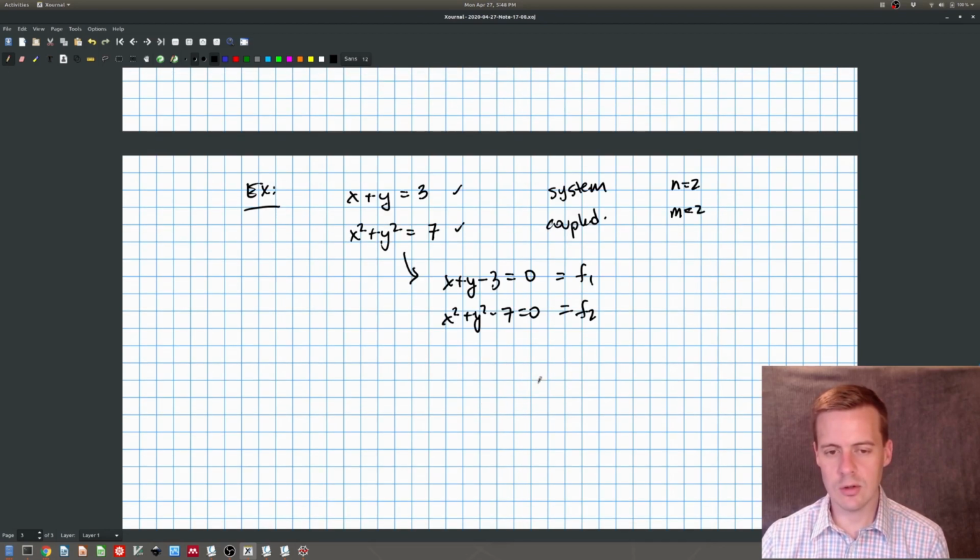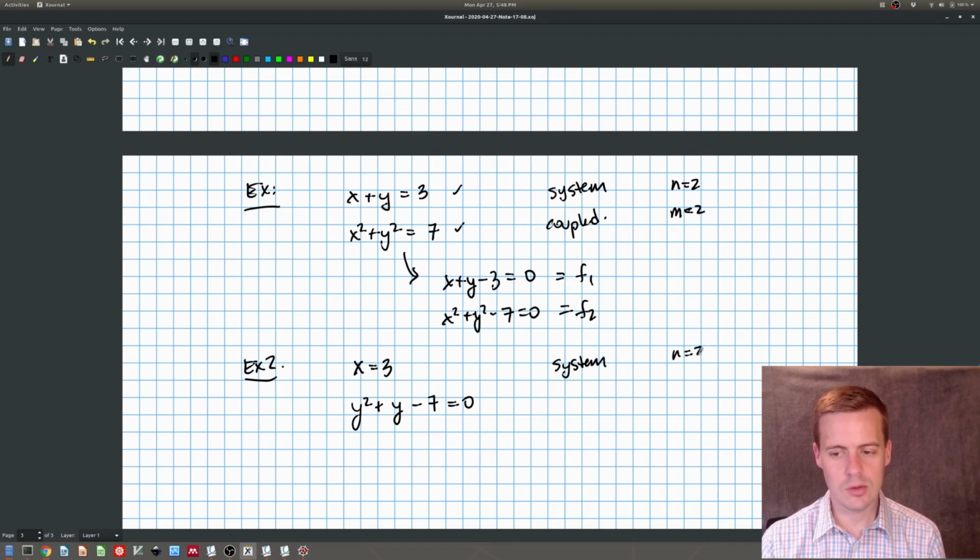So let's look at another quick example. Example 2 over here. Now suppose I have x is equal to 3 and y squared plus y minus 7 equals 0. So what's going on here? Now this is a system again, because I have two equations.